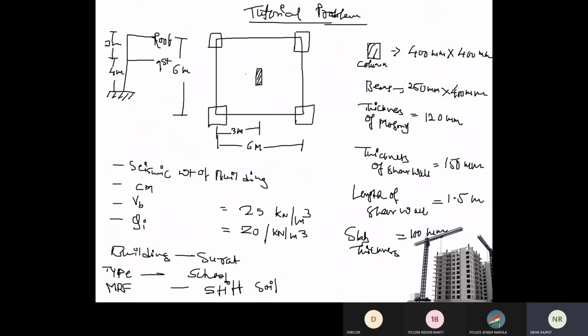Now coming to your case, this shear wall is provided at a distance of 3 meter, right? So the CG of this wall is at a distance of 3 meter. Yes, I forgot to give you the distance of this. Suppose this is again 3 meter.